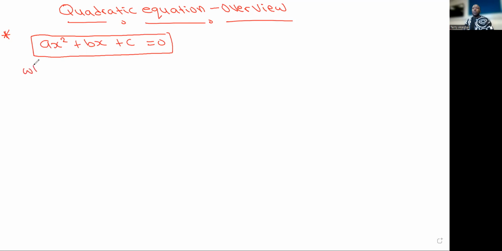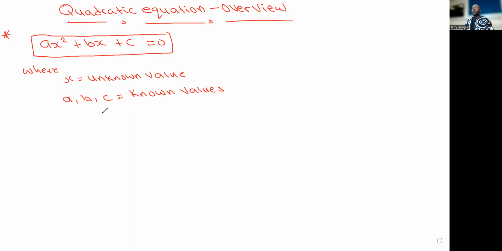So x is an unknown value, and that's basically what we are looking for. And a, b, and c are known values.